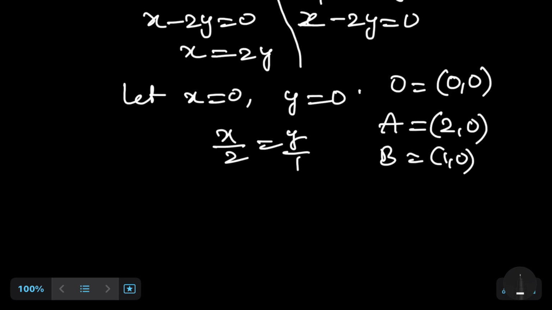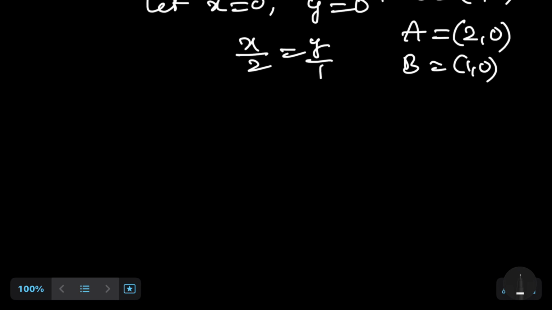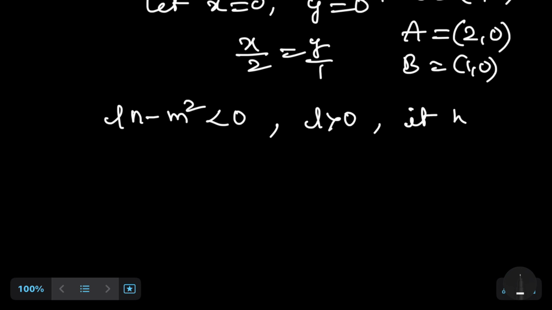Next, check the condition. We know that if Ln − m² < 0 and L > 0, it has no maxima, no minima.